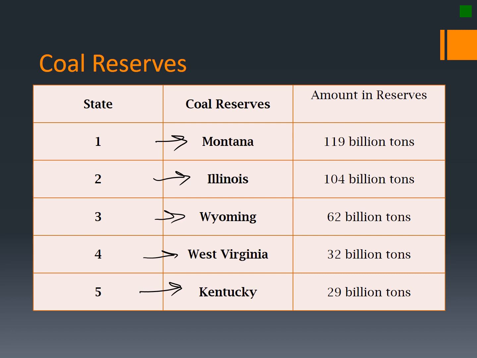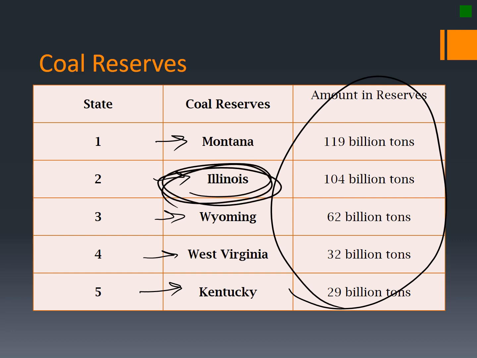Illinois is really a high coal area, with a lot of reserves. The problem with Illinois is that it's very dirty coal. Instead of a high percentage of carbon, we actually have quite a bit of sulfur added into it, which makes it dirty.